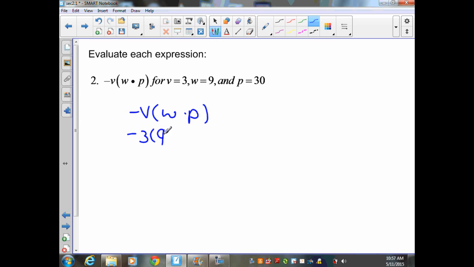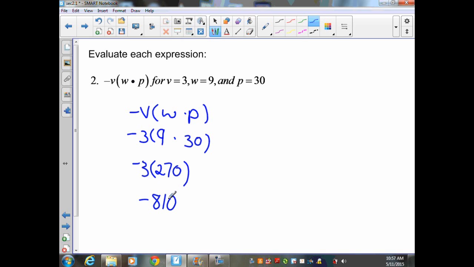W is 9 times p, which is 30. And now I'm going to take 9 times 30. I'm going to bring down my negative 3. 9 times 30 is going to give me 270. And then a negative times a positive is a negative. And 3 times 270 is going to give me 810.